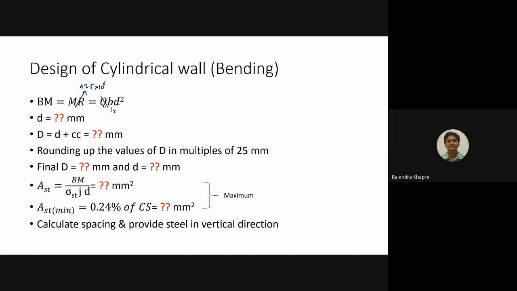This is 1.527, b will be 1000. How much depth is required now for this much of bending moment? Yes, please tell me the value.